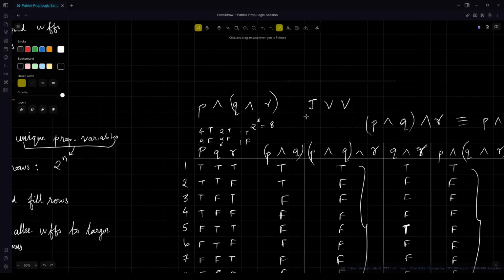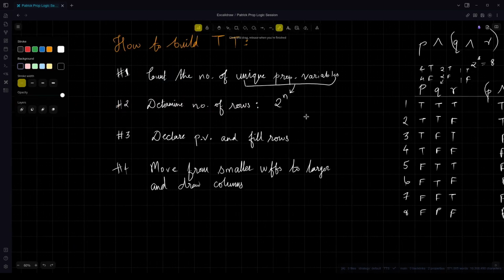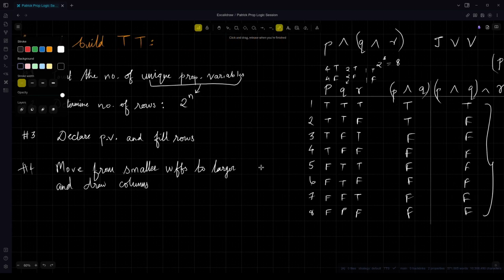Right, got it. So I think you understand this one, right? You move from the smaller well-formed formulas to the larger well-formed formulas and you draw the columns. So, in which part of the process did we apply it exactly? Oh, in this one.